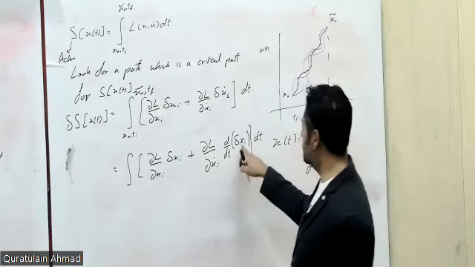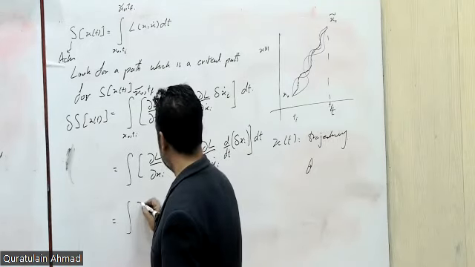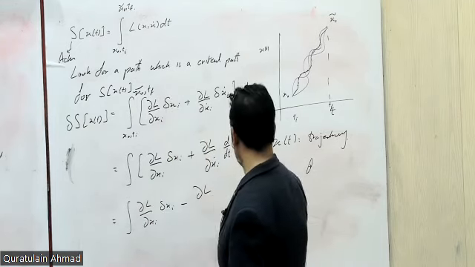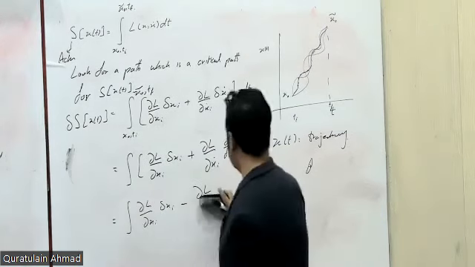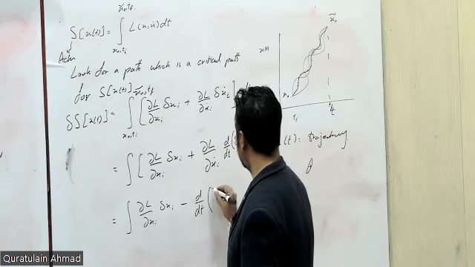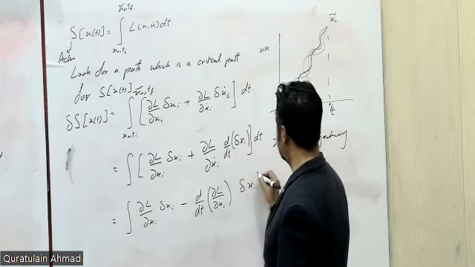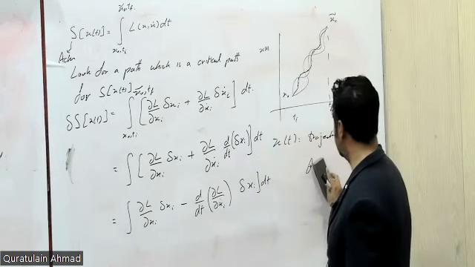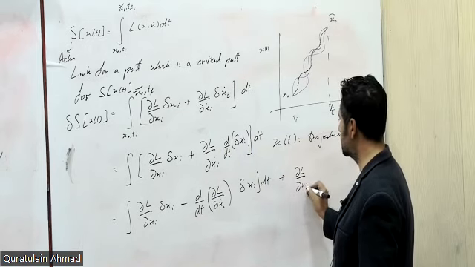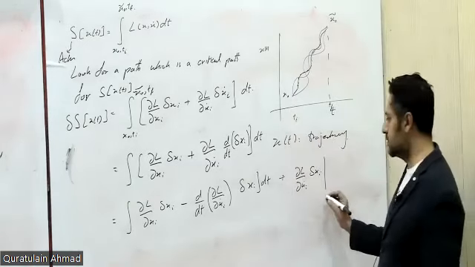Now what I do, I want to make this variation independent of this. So I integrate by parts. So what happens is the integration comes to this side, the differentiation comes to this side, and this becomes independent. And I have a surface term at the endpoints.